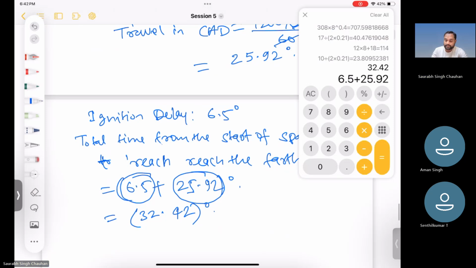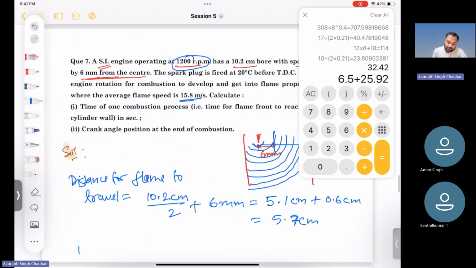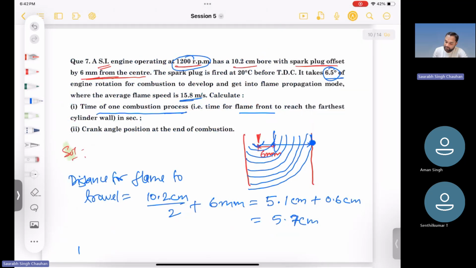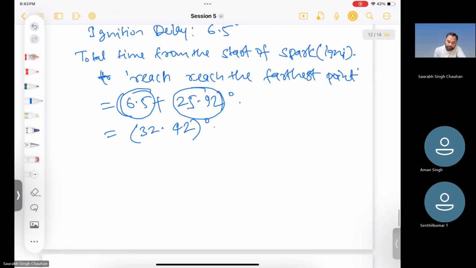Okay, so what we had to calculate? We had to calculate the time of one combustion process, the time for the flame front to reach the farthest cylinder wall, in seconds. We can easily convert this into seconds, right? To convert to seconds, what will we do?